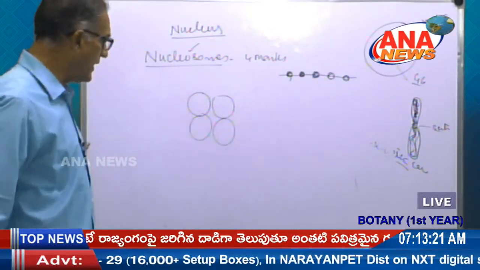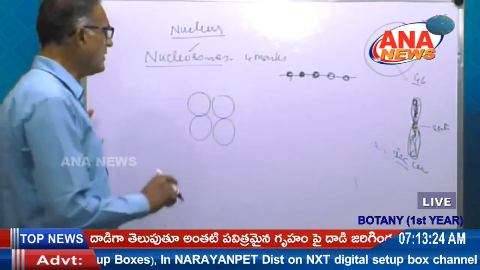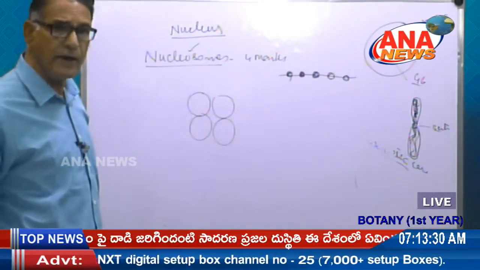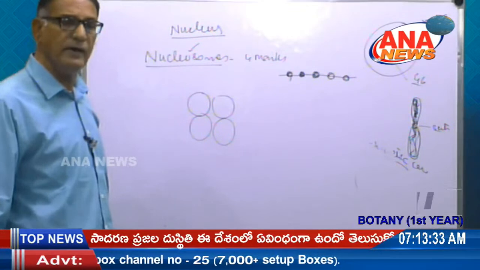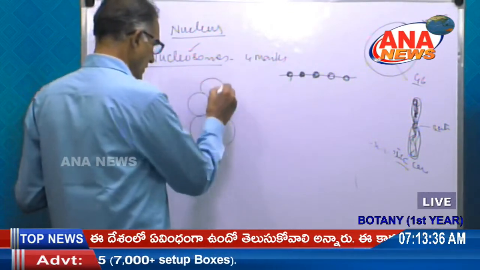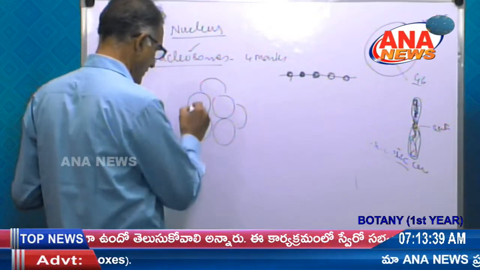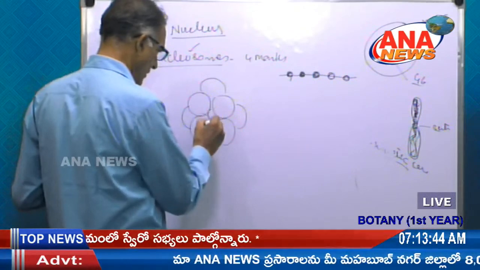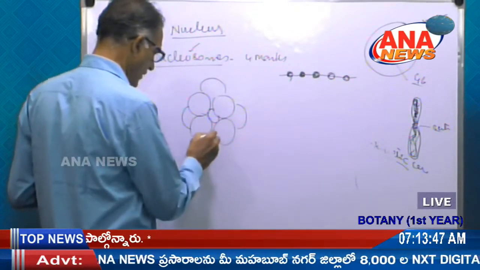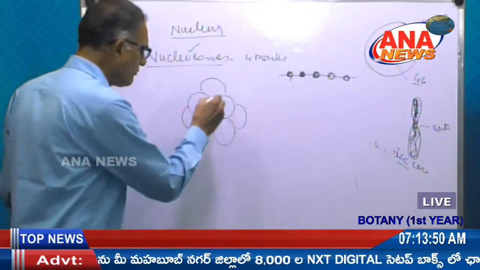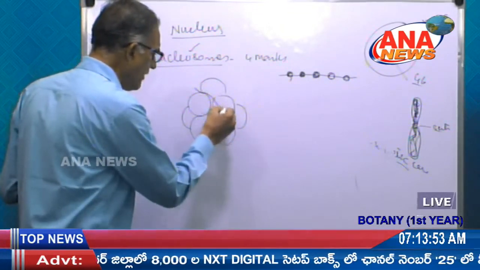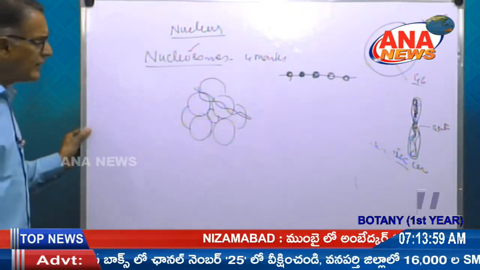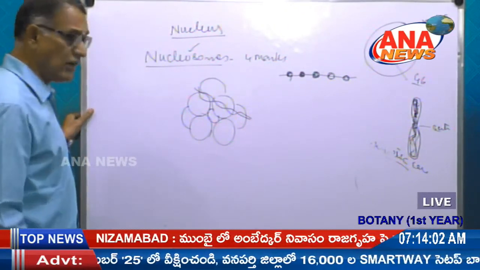200 base pair double helix DNA wrapped around the octamer of histone.